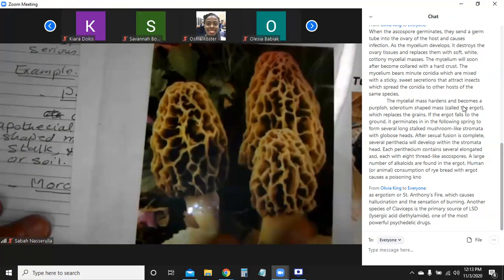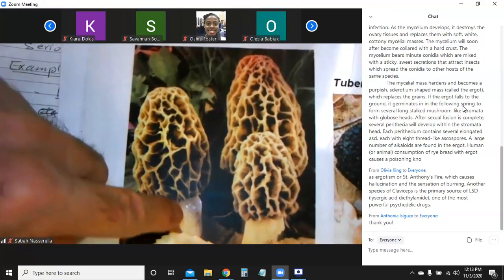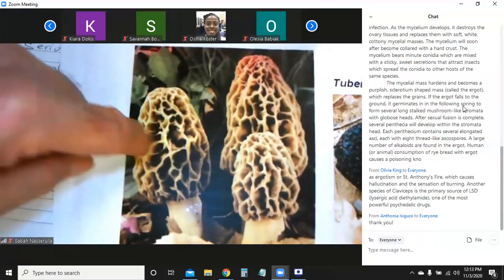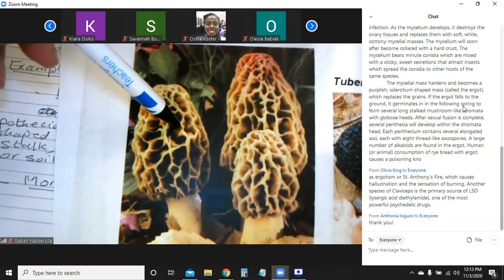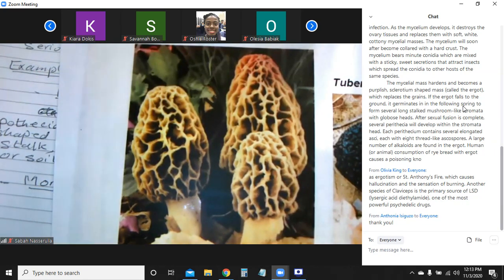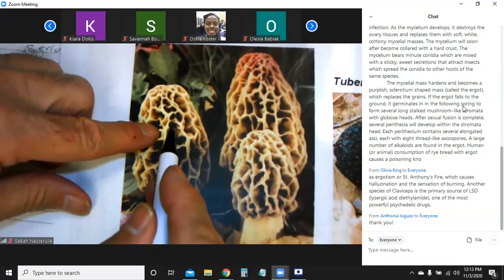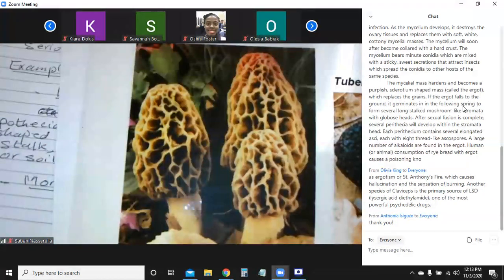In reality, if you look at each of these cavities, each one of these basically is an ascomycete with apothecium. If you take a cross section, it's going to look like this.